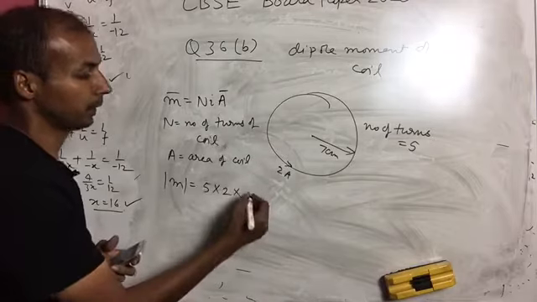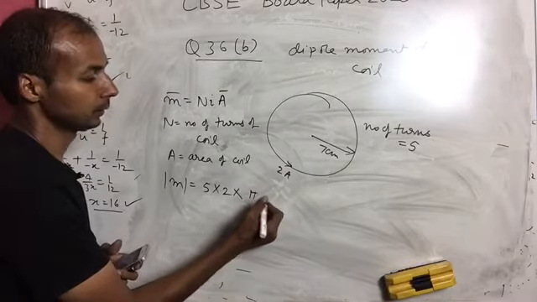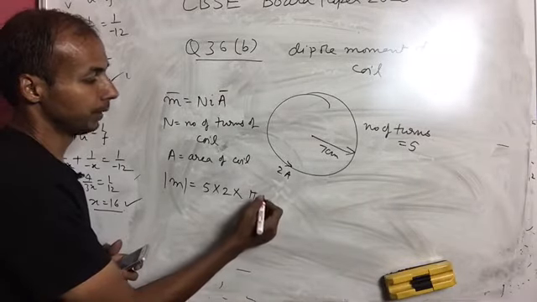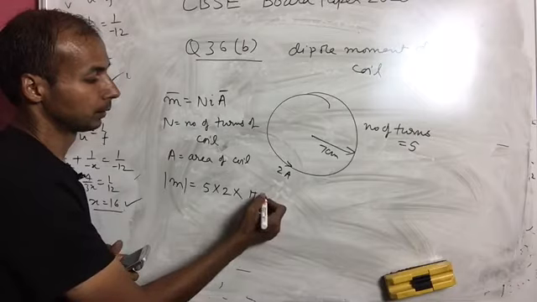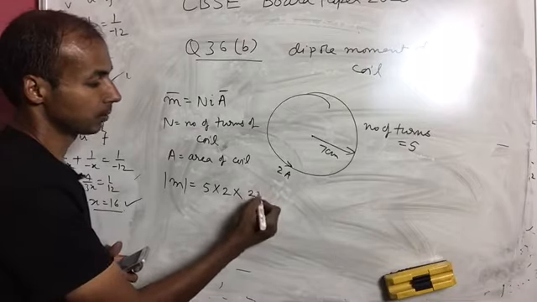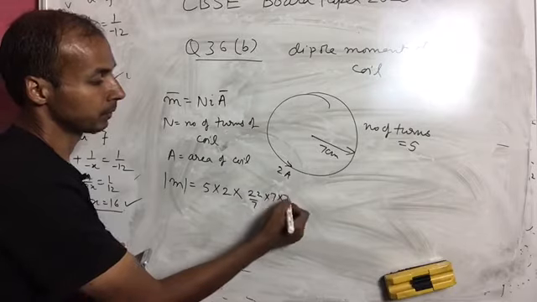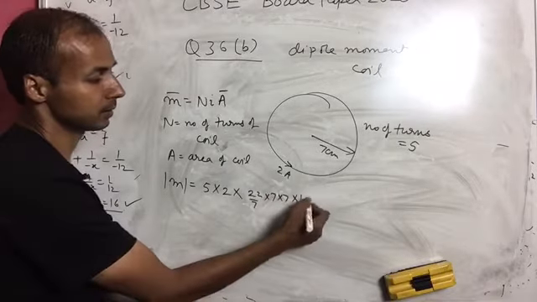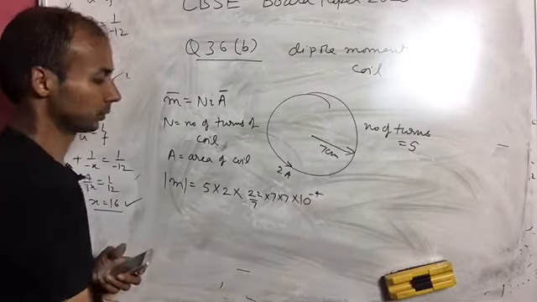एरिया ऑफ द कॉइल हुआ पाई आर स्क्वायर. पाई, which is pi is 22 by 7 into r square means 7 into 7 and then since this is centimeter, so minus 4.